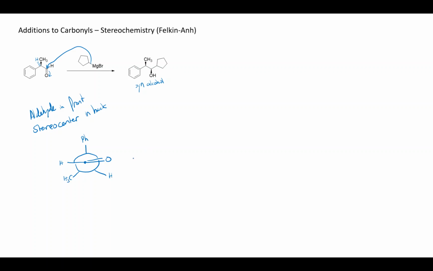This is one option. Or we can rotate this so that the benzene ring is still orthogonal to our carbonyl, only it's pointed down. All that changes is now the hydrogen will be pointed in this direction and the methyl group will be pointed this direction.